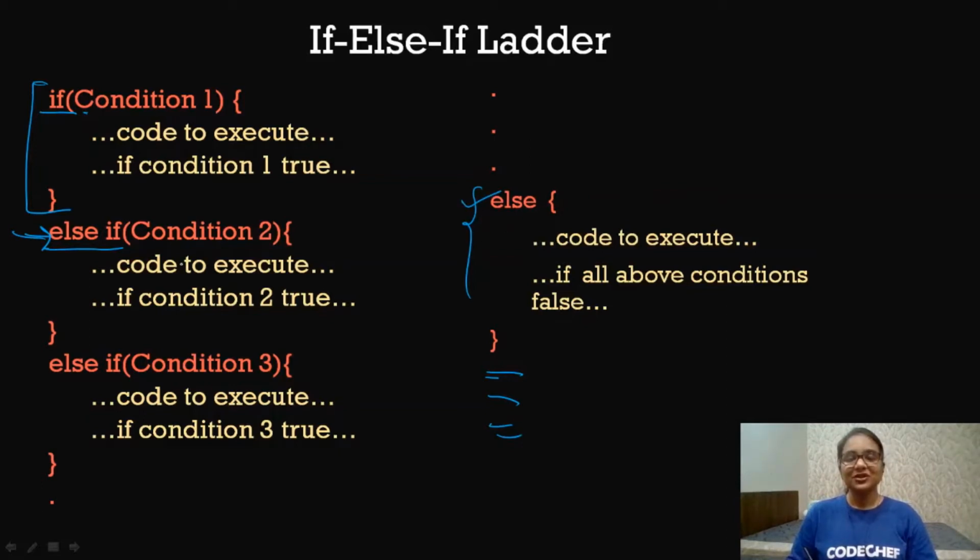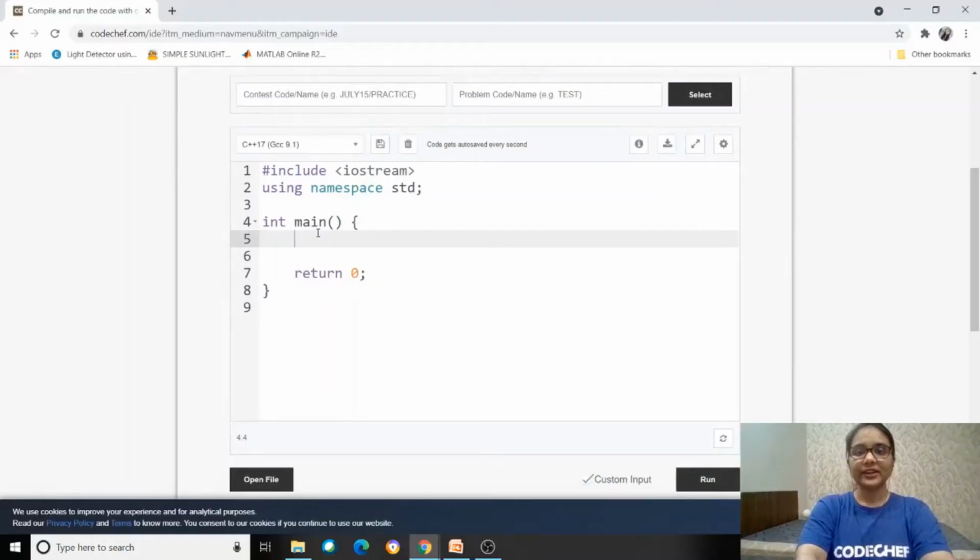Now we have seen much of the theory part, so let us go to the CodeChef IDE and test for ourselves how we can use these in the form of C++ code. Let's do that even-odd example that we've been talking about in each of our videos. For that, we'll require a number first of all, n. Then we need to write the expression.